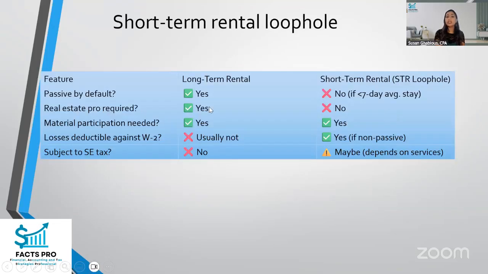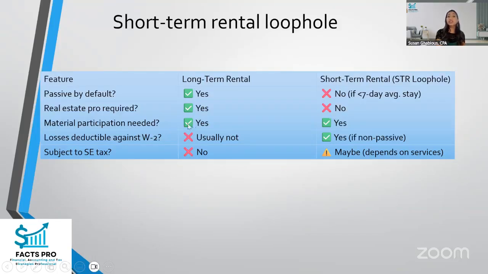And again, just to have a visual comparison between the two options. Passive by default: the long-term rental is passive by default for sure. Short-term rental, no, if it is less than a 7-day average stay. Real estate professional required: for long-term rental, yes, in order to consider it as non-passive. For short-term rental, you don't have to qualify as a real estate professional.